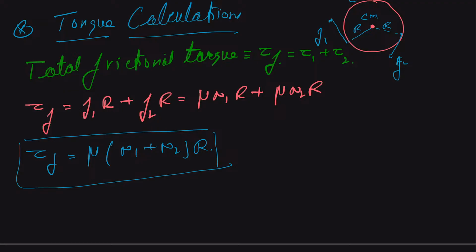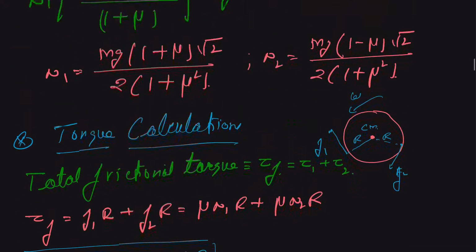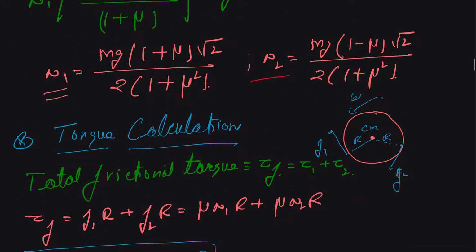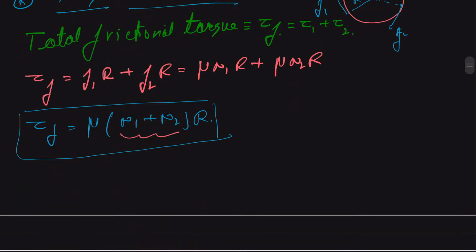And we are supposed to calculate N1 plus N2. We already know N1 and N2, so we simply substitute them.